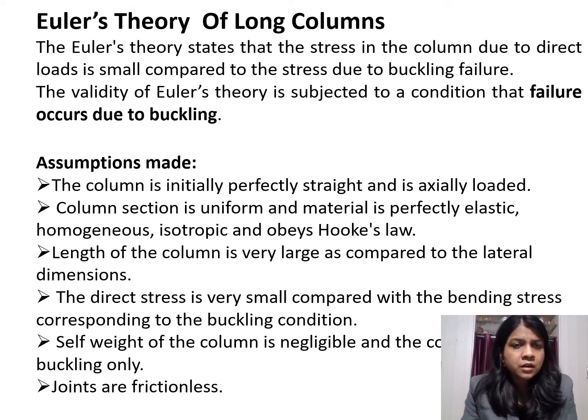The column is initially perfectly straight and axially loaded, and the column section is uniform, and the material must be perfectly elastic, homogeneous, isotropic, and most importantly the column material must obey Hooke's law. Now coming to the third assumption, the length of the column is very large compared to the lateral dimensions, and the direct stress is very small compared with the bending stress.